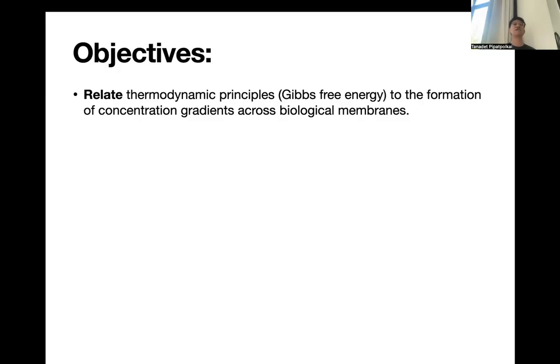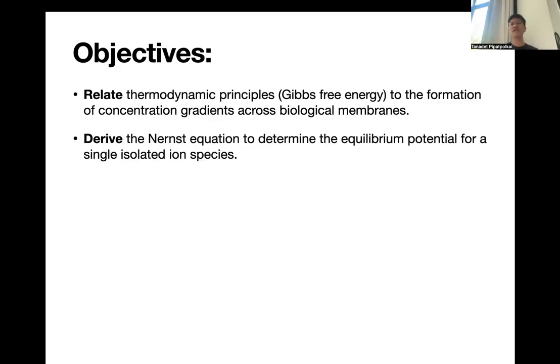So the objectives of today's lecture are, first, to relate thermodynamic principles to the formation of a concentration gradient. How can we think about the thermodynamic process behind this? We will then derive the Nernst equation, which explains the relationship between the ion concentration on both sides and the equilibrium potential.